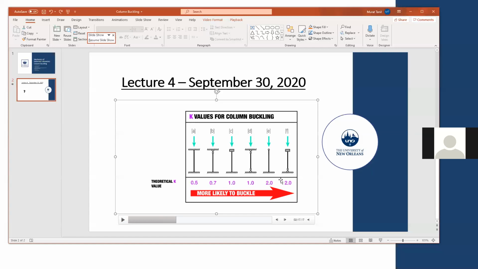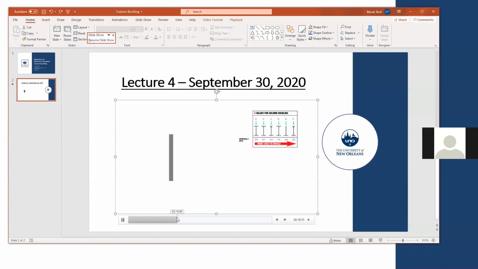And it will go up to 2 in the case of free at the top and fixed at the bottom. So this is the overall length of your column multiplied by the K value. You will get your effective length.